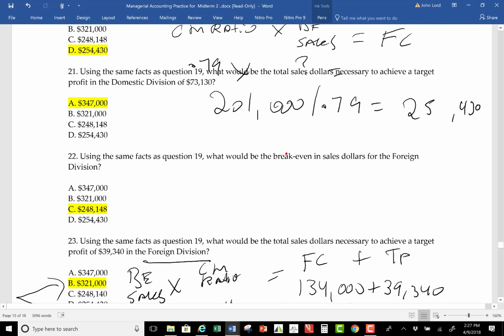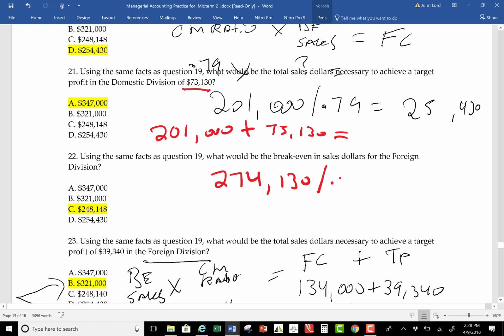Okay. So we go ahead and we take this 201,000 plus the target profit of what? 73,130. What's 201,000 plus 73,130? 274,130.